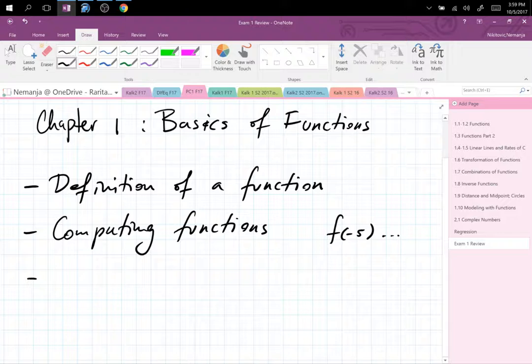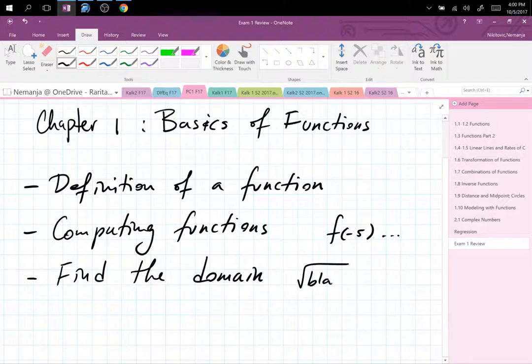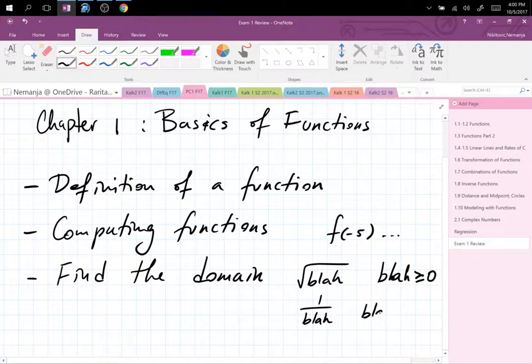We're also going to talk about finding the domain. You know that if something is under the radical, you take that something and set it larger or equal than 0 and solve the inequality. If you have some kind of fraction, you set the denominator equal to 0 and exclude that from the domain.